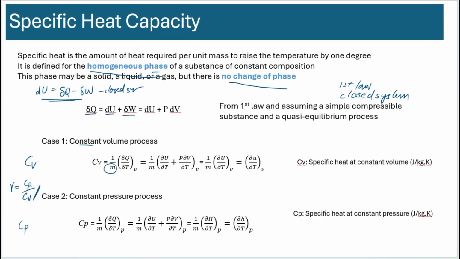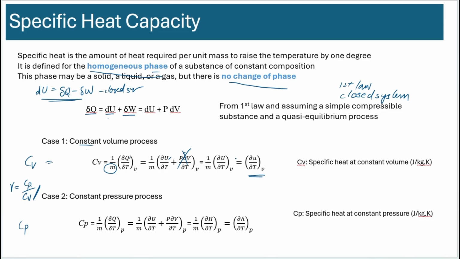If you replace the delta Q here with this equation, you have internal energy and a P delta V term inside. For constant volume, this term is 0. So it turns out to be the change in specific internal energy over temperature, the derivative at constant volume. That is the definition of Cv.